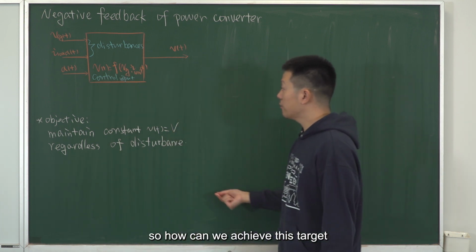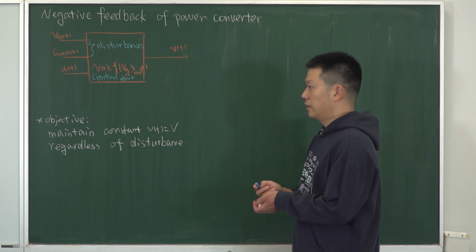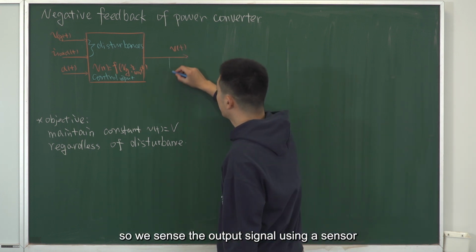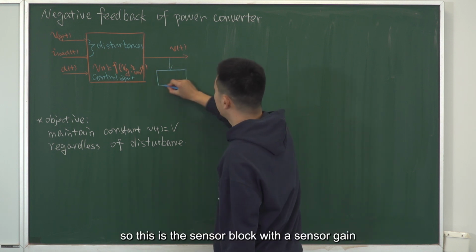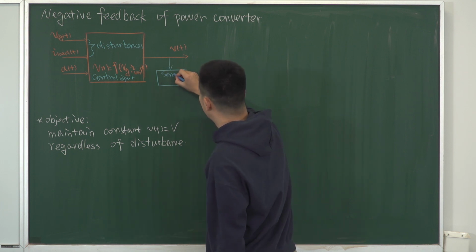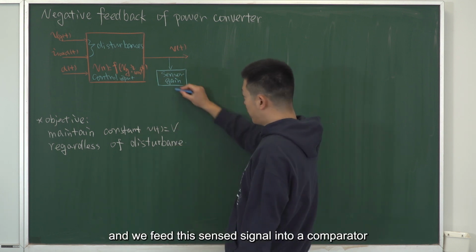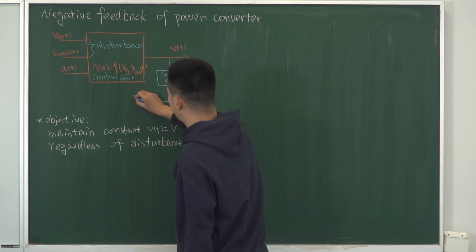So how can we achieve this target? We can introduce negative feedback. So we sense the output signal using a sensor. So this is the sensor block with a sensor gain. And we feed this sensed signal into a comparator.